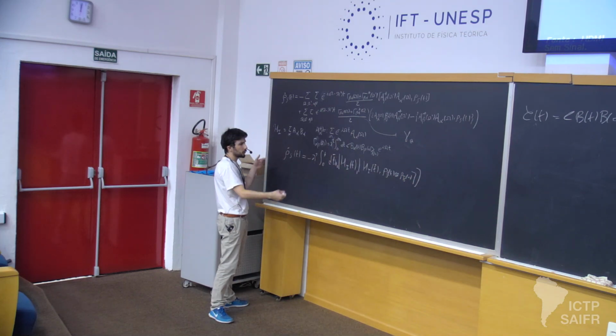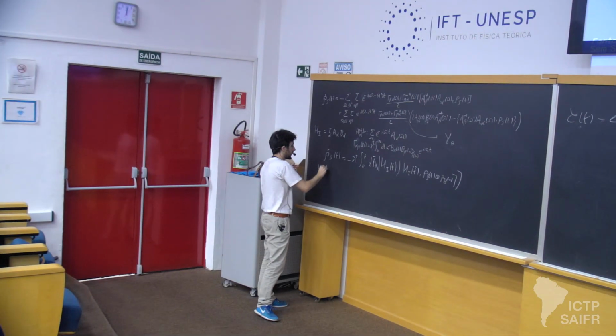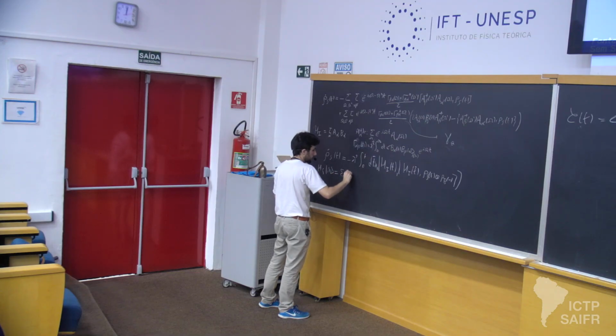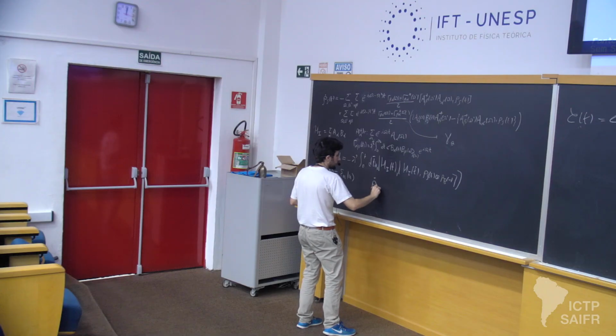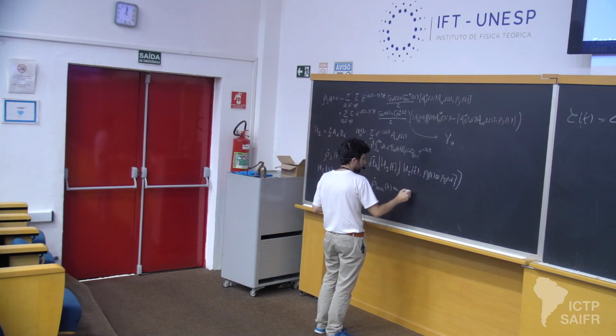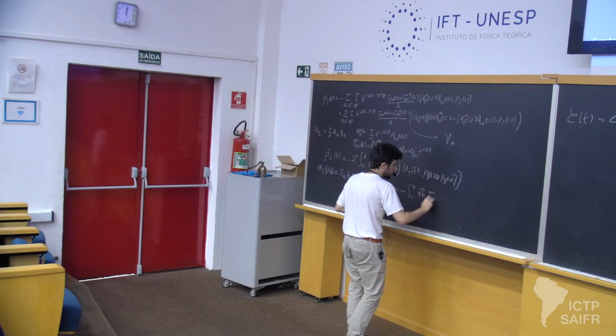Now, if, for instance, you take matrix elements of this on the eigenstates of the system, you're going to get something that looks like this.